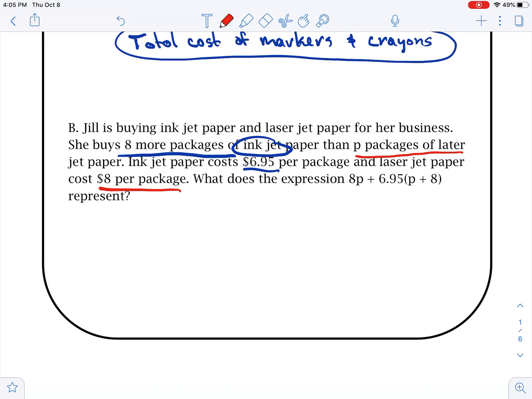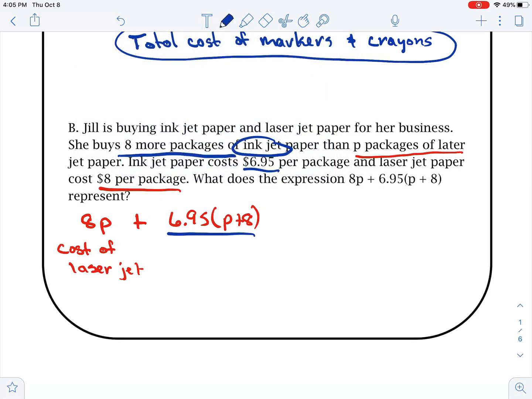So when it comes through here, this 8P, okay, so 8P, $8. Remember, $8 was for the laser jet. So this is the cost of laser jet. And then we added to that $6.95 and then P plus 8. And so this then needs to represent, remember, $6.95, inkjet, 8 more.